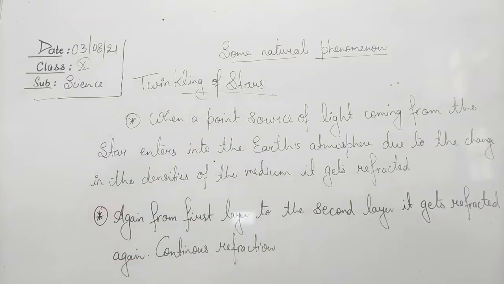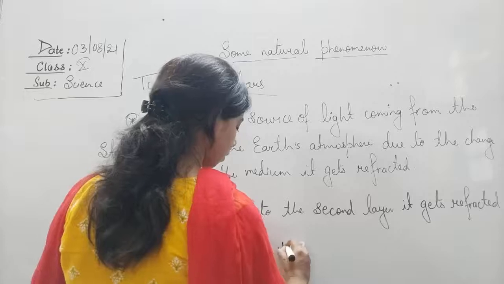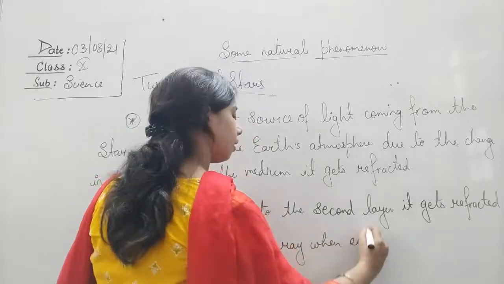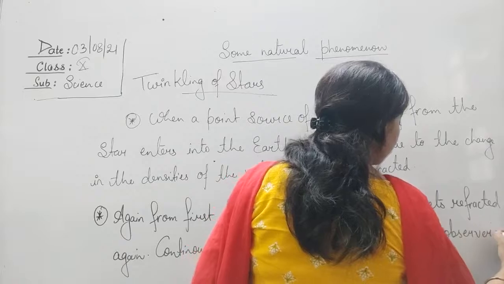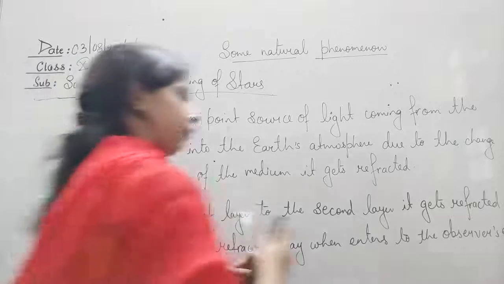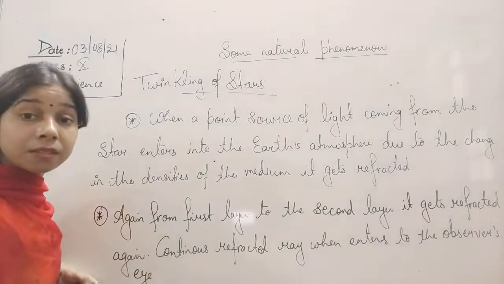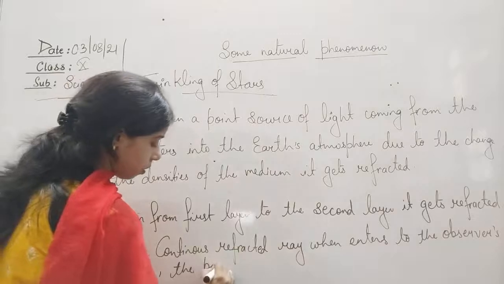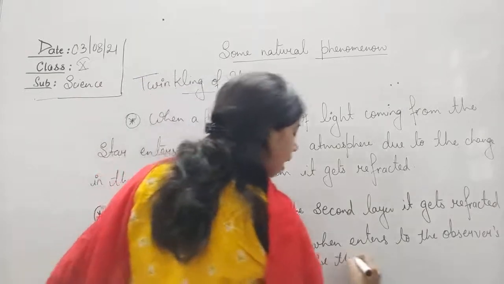Continuous refraction, or we can say the continuously refracted ray, when it enters the observer's eye, the position will not be the actual one.